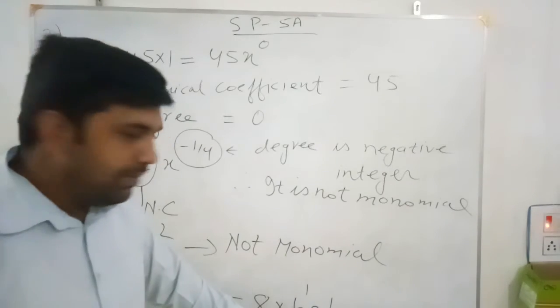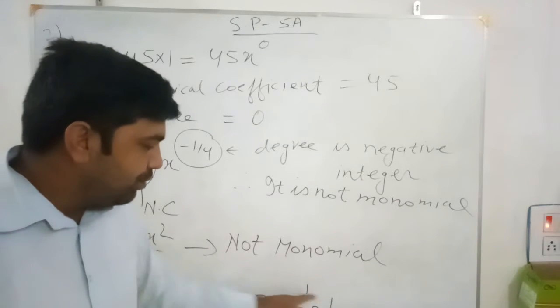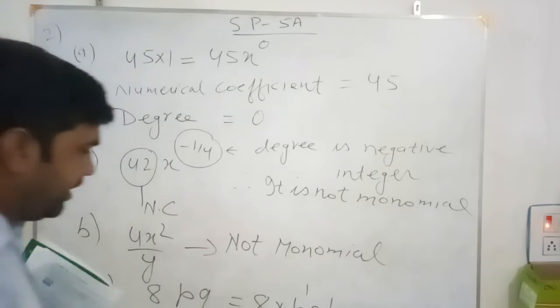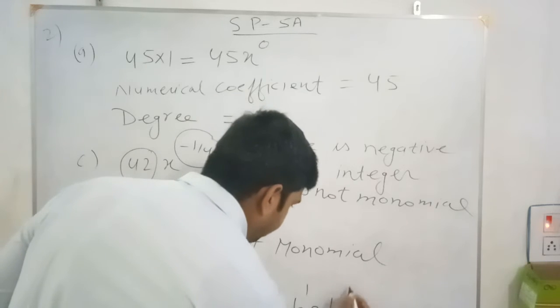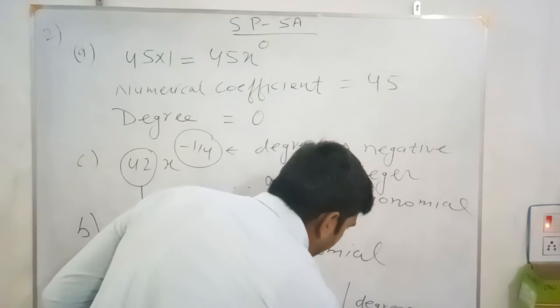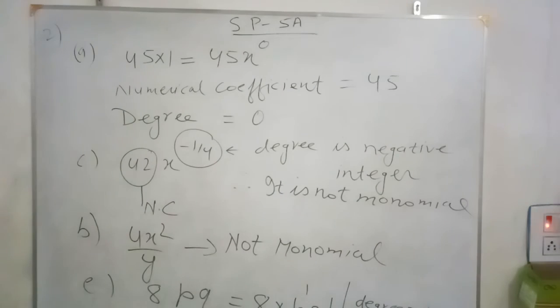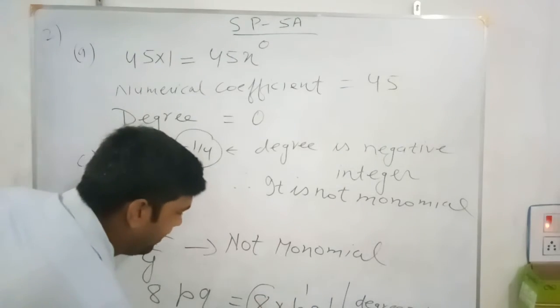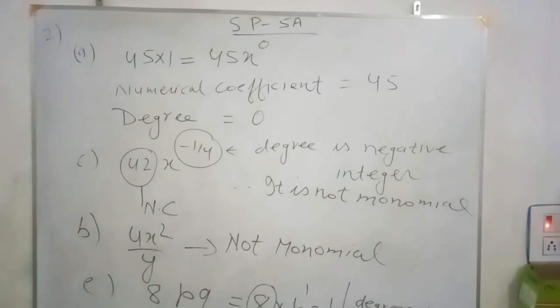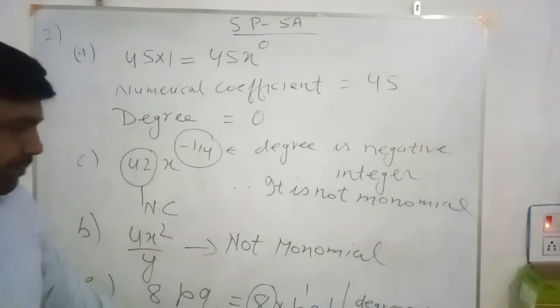Both are multiplied, so apply the law of product of exponents: add the two powers, 1 plus 1 equals 2. So the degree of the monomial 8pq is 2 and its numerical coefficient is 8.